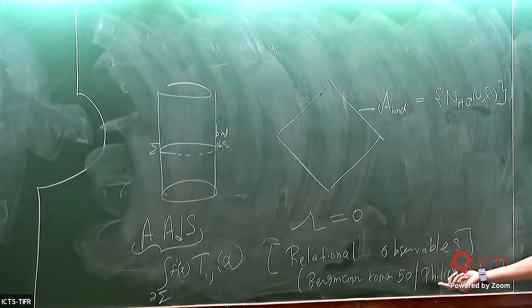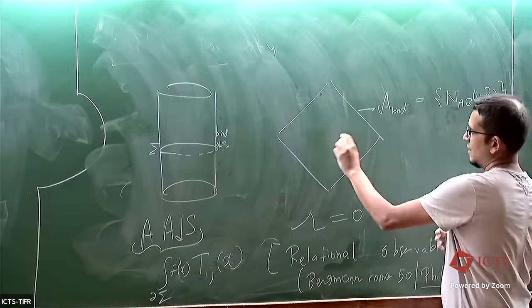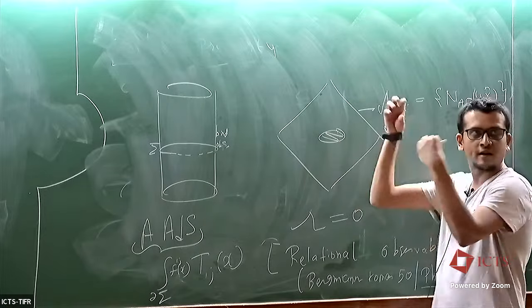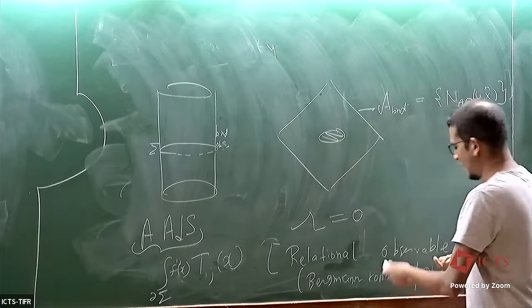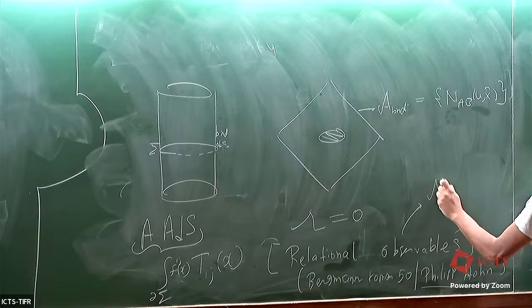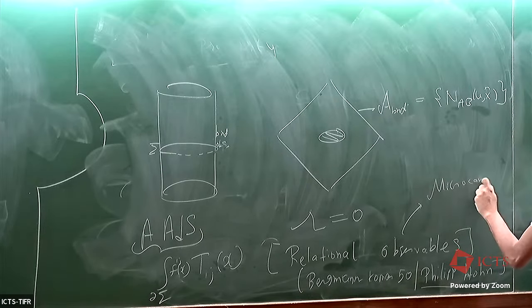I don't remember the number, I will give it to you next time, but I would say it's the most state-of-the-art discussion of relational observables right now. These are observables which can be defined locally because they are relations, and they satisfy, classically, as we will discuss next time, our principle of microcausality.